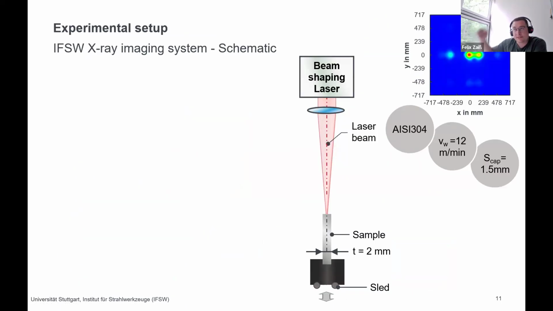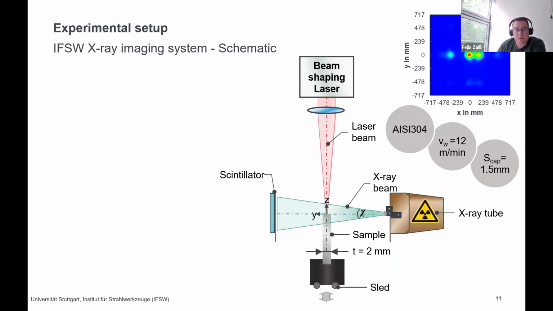This was the experimental setup of the IFSW. So we were welding stainless steel AC304 at 12 meters per minute, and we set a capillary depth of 1.5 millimeters. We then used our X-ray imaging system, which consists of an X-ray tube that emits X-rays which penetrate through the sample.